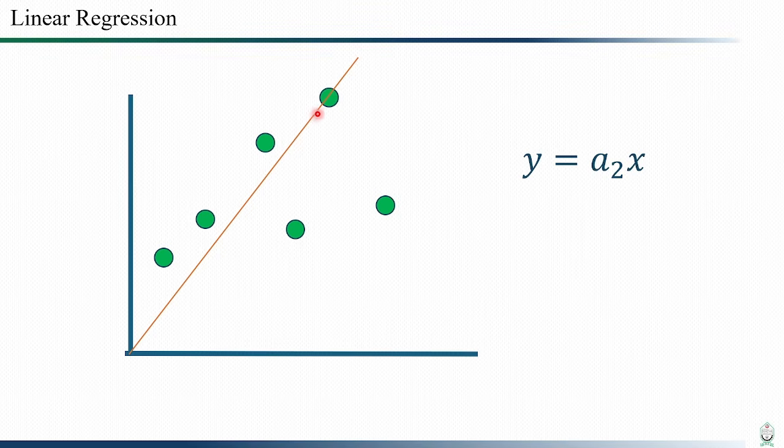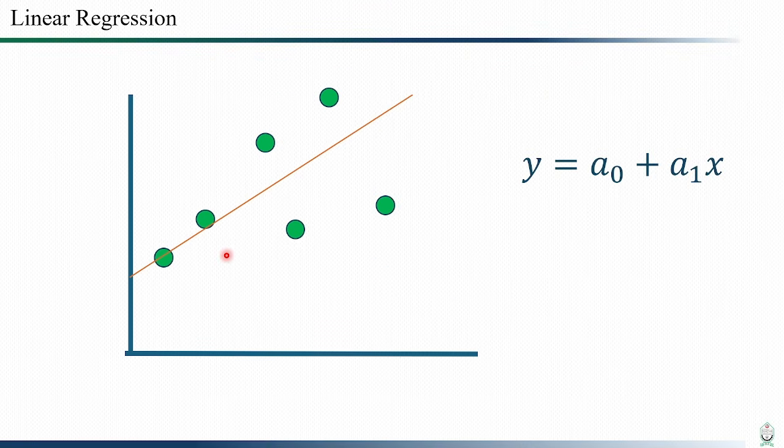In fact, it is going through one of these 6 points. This is also a valid argument. Some might say, no, we want a straight line of this order, which will be elevated, or which will have an intercept from the y-axis, which means the straight line will be of this order, and it will be the best fit for this given set of data.